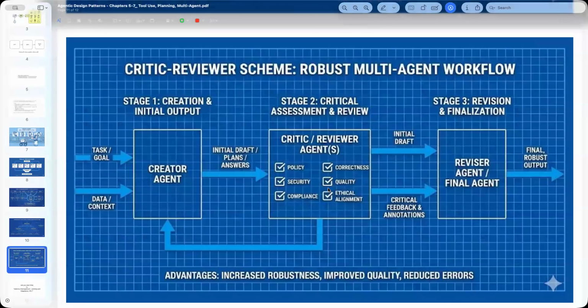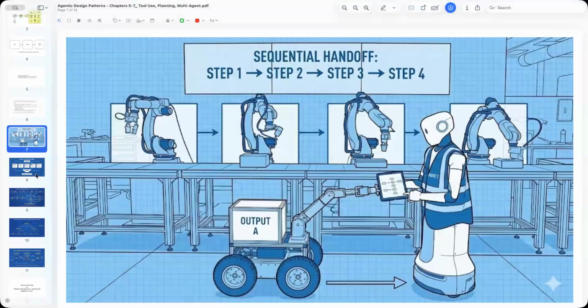And the last pattern that we've been presented with is the critic reviewer scheme. Once again it resembles the sequential handoff. I'd say it's a hard-coded sequential handoff. So in sequential handoff, we have arbitrary steps.